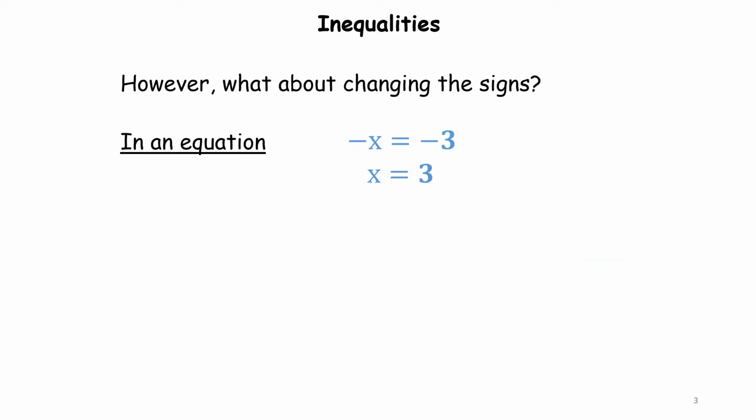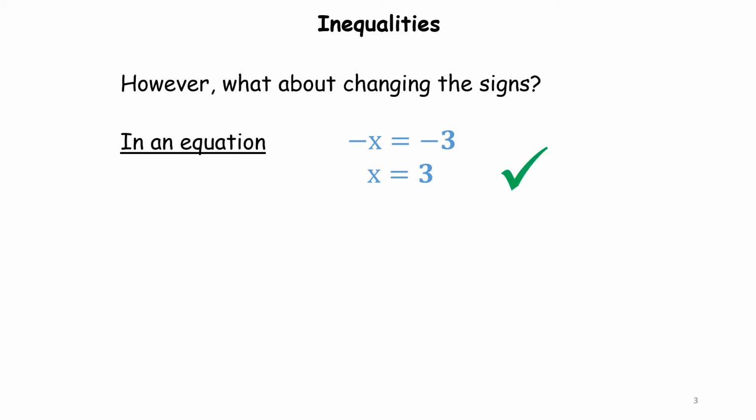There is one time where an inequality will not act like an equation, and this comes about where we talk about a change of sign. So in an equation, if minus x equals minus 3, we'd simply say, well, then x equals 3. We can think of this as multiplying or dividing by a -1. However, it's easier just to think we change signs on both sides of the equation.